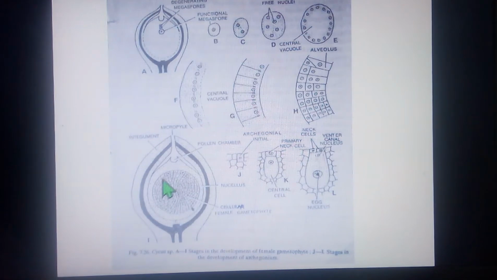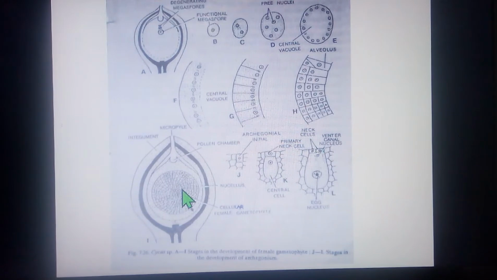As a result, a solid mass of gametophytic tissue called the endosperm tissue is formed. Okay, this endosperm tissue is also haploid. Now, while the megaspore increases in size, its germination starts.